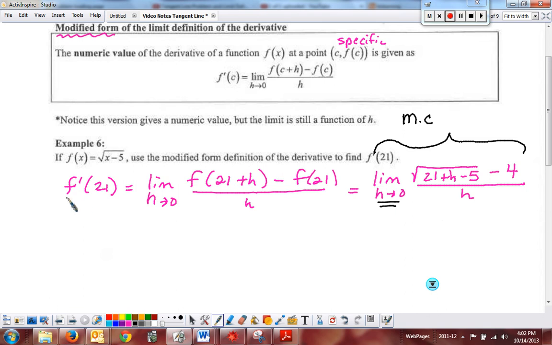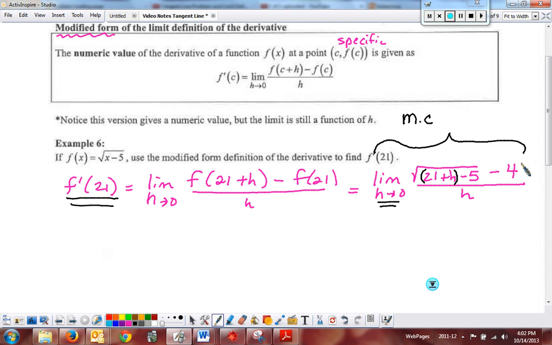You're going to have to be able to recognize that this is the derivative of this function, the square root of x minus 5, at 21. So the key here is that you have to realize that these go together. This is your c plus h. And when you take that out, that's where the x was. So that can get you back to square root of x minus 5.